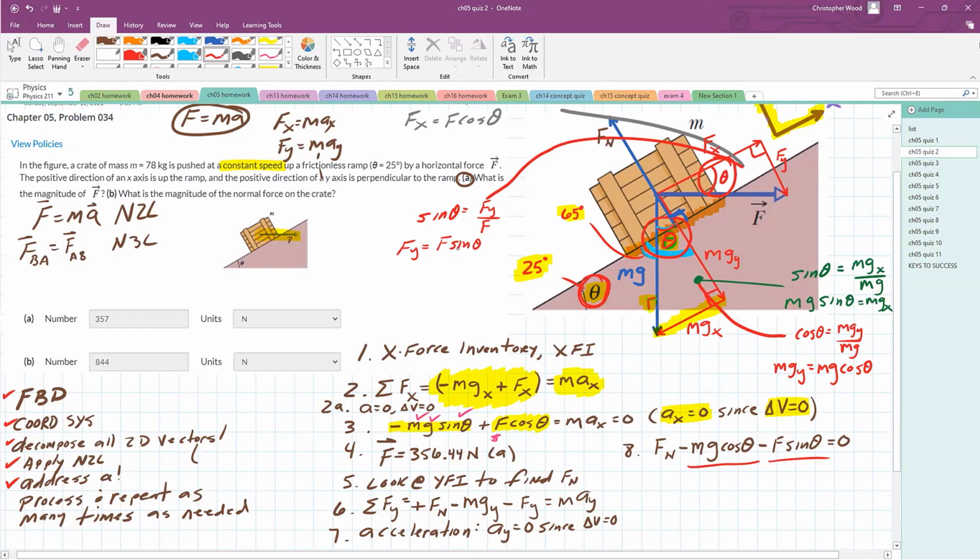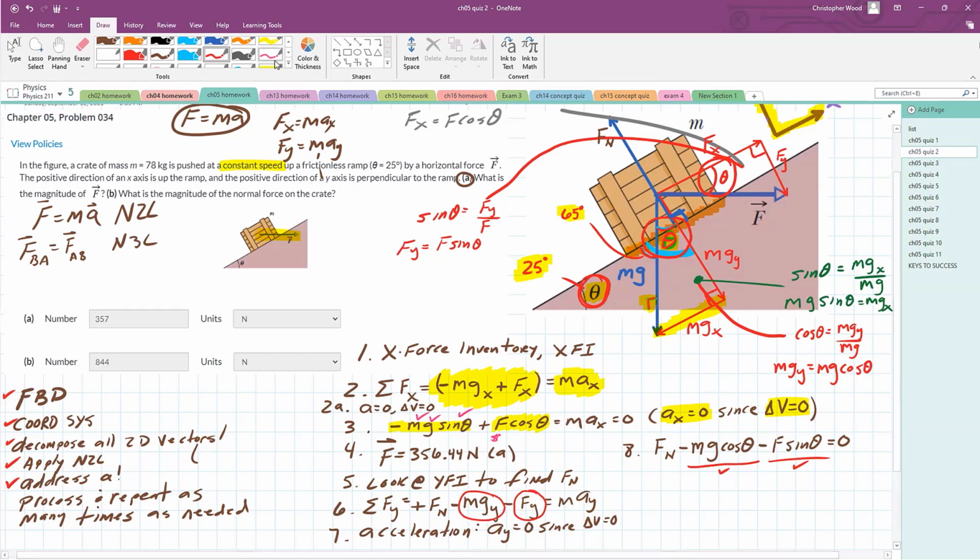Okay. And again, that explains this. So hopefully I'm clear now about where this term comes from and this term, because F sub y is F sine theta and mgy is mg cos theta.